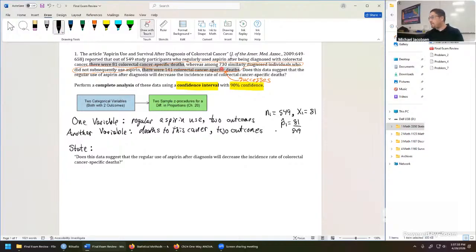So let's call that the second sample, n2, 730 participants in that study. The successes, 141. So the sample's proportion of successes, just like before, we call p hat 2, is 141 over 730.